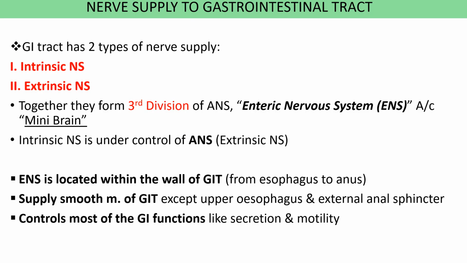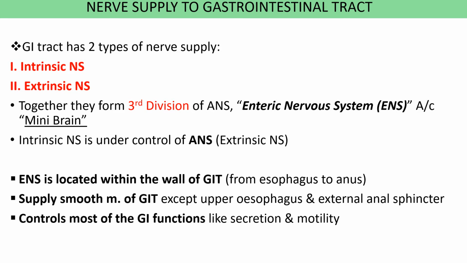Let us see the nerve supply to the gastrointestinal tract. The innervation of the GI tract can be divided into 2 types. The first is the intrinsic nervous system and the second is the extrinsic nervous system. Together, the intrinsic and extrinsic nervous systems form the third division of the autonomic nervous system, sometimes referred to as the enteric nervous system, also called the mini brain.